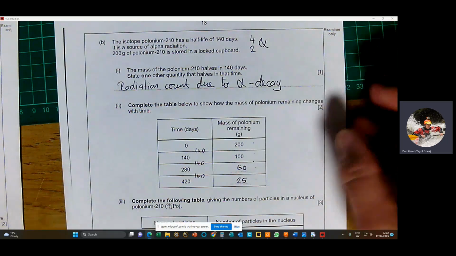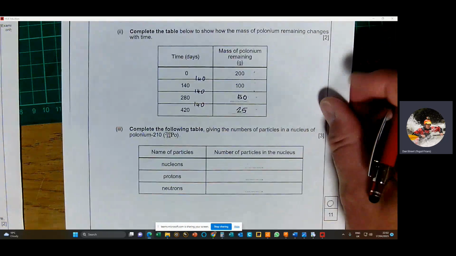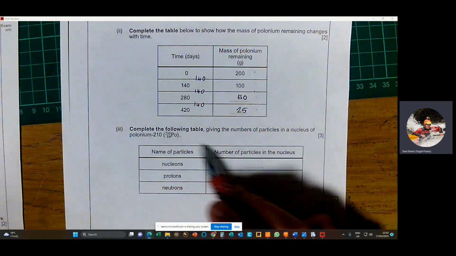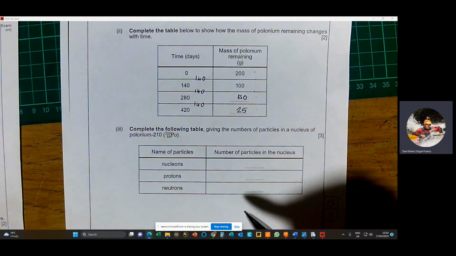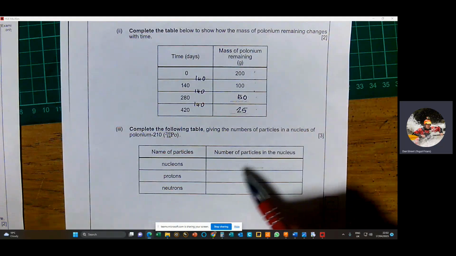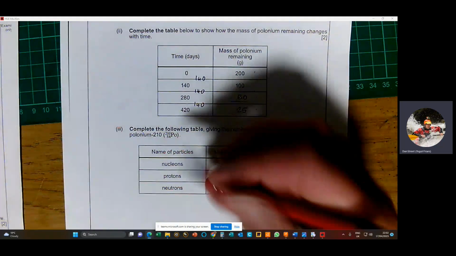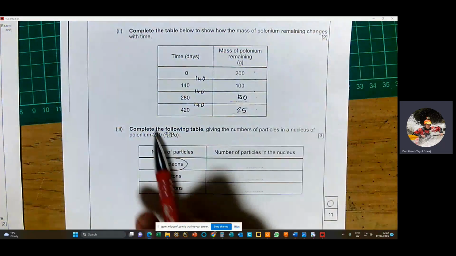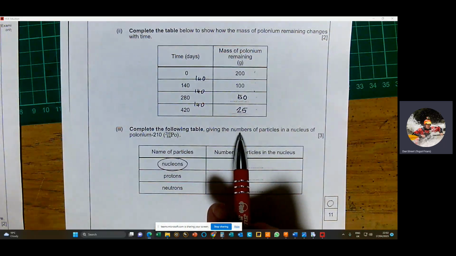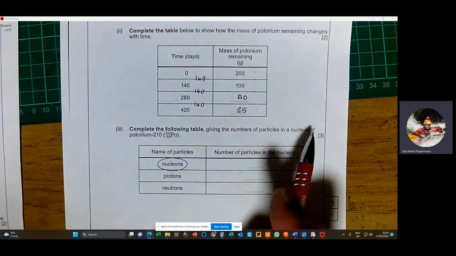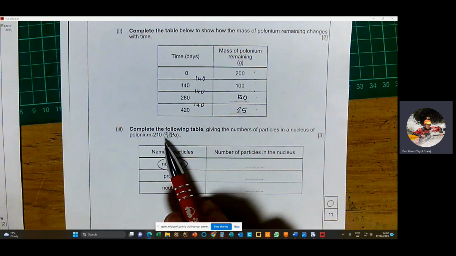Okay. And then the final part of this question has a lot of crossover with chemistry. If you can read a periodic table, then you should be able to answer this question. The only difference is this word here. It says complete the following table given the numbers of particles in the nucleus of polonium-210.